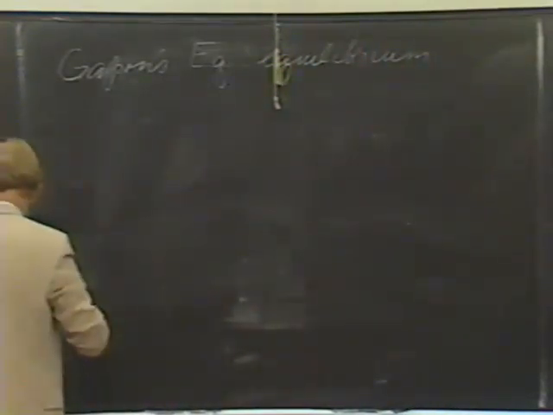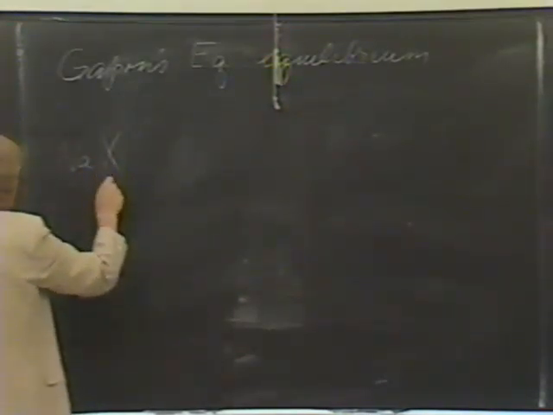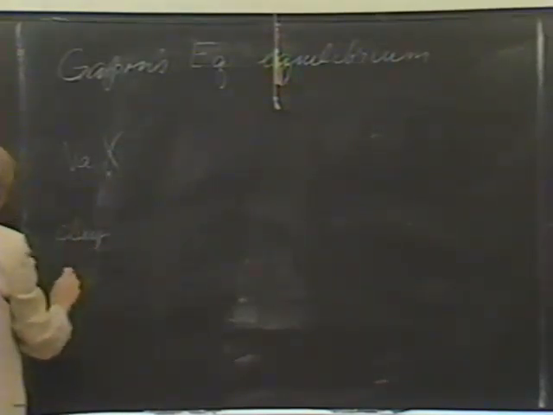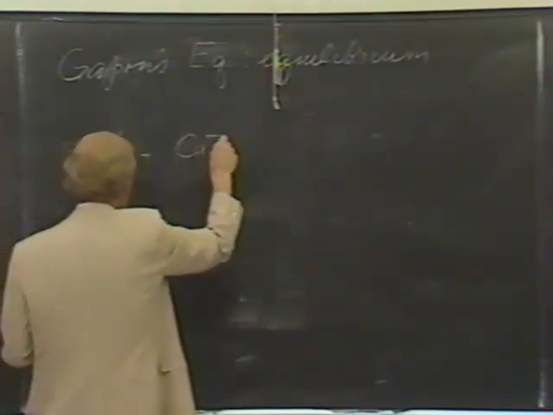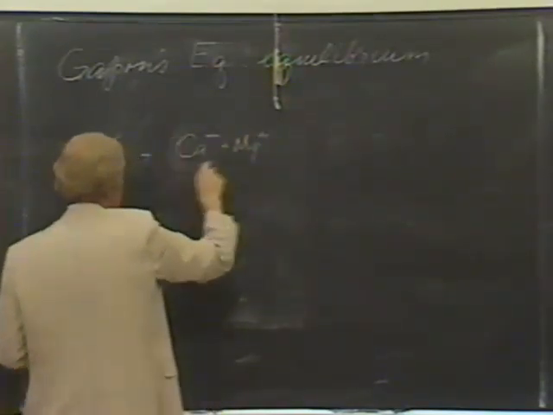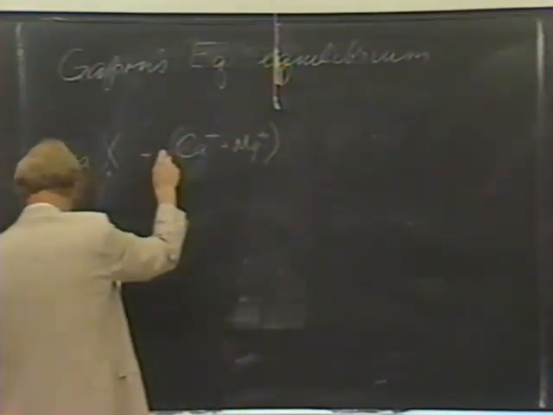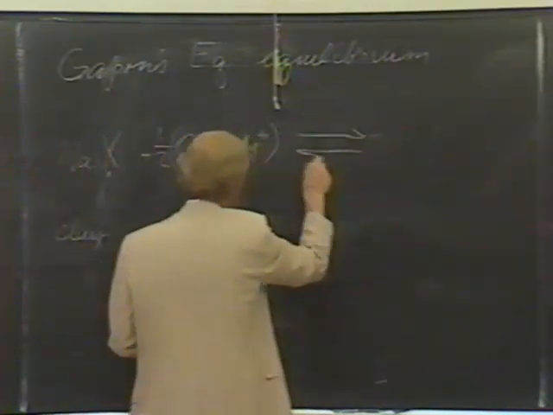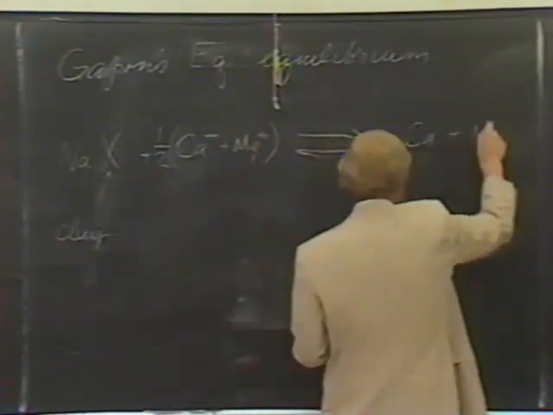This is in equilibrium with calcium plus magnesium ion adsorbed on clay plus sodium ion. He simply says that calcium and magnesium adsorbed on the clay is in equilibrium with all of this.